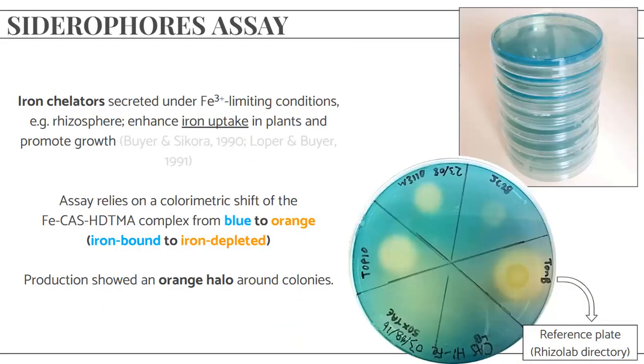For the siderophores assay, with siderophores being iron chelators that enhance iron uptake in plants, the assay relies on a color shift from blue to orange, which means that the microorganisms that grew in there were able to deplete iron from the medium, making this orange halo that can be measured.